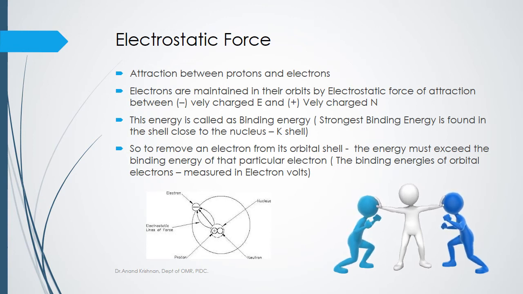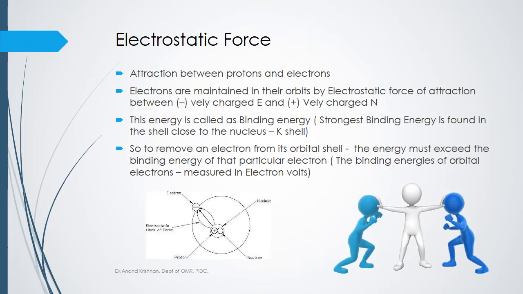And this ability of the central nucleus to hold these electrons in its orbit is called binding energy. It requires a certain amount of energy to pull and to push, so it is doing both at the same time.